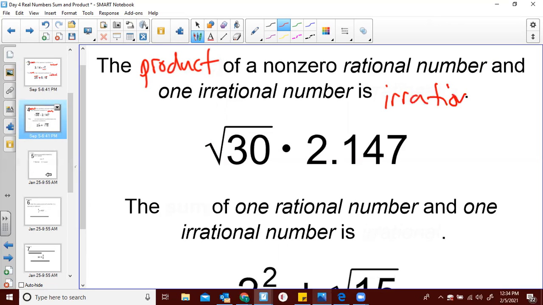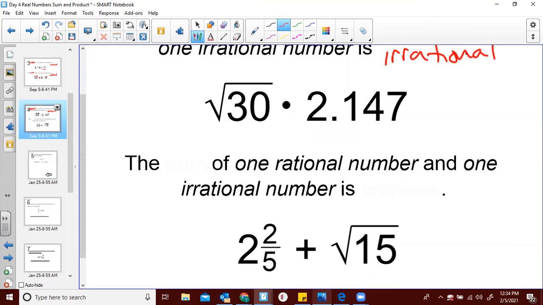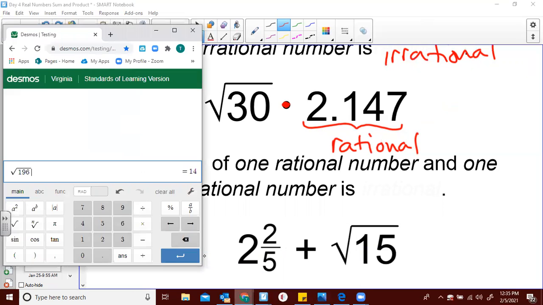So when I look at these two numbers, I know that I'm doing my product here. This is a decimal that does not have the ... so it's terminating. So this is my rational number. Right, and then when I take this square root of 30, you plug it into Desmos. I'll go ahead and show you that real quick. I plug in square root of 30.